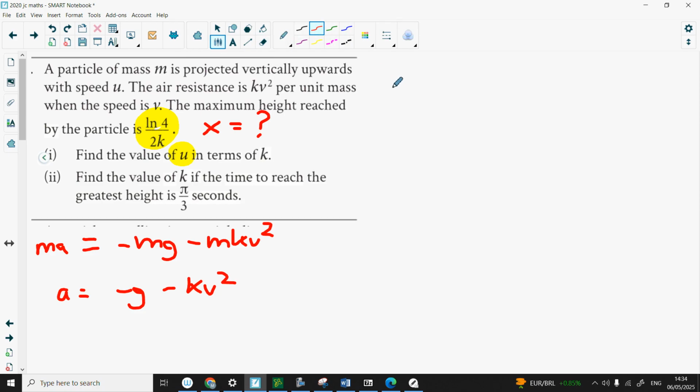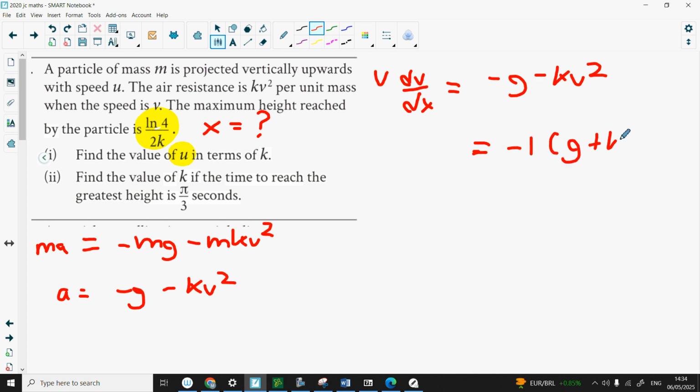Okay, guys. So v times the v dx ends up as minus g minus kv squared. Now, my gut feeling is to leave those minuses behind. To make my life easy, I'd almost factorize that out. I'm not saying that you guys have to, but I'd be much happier using pluses.